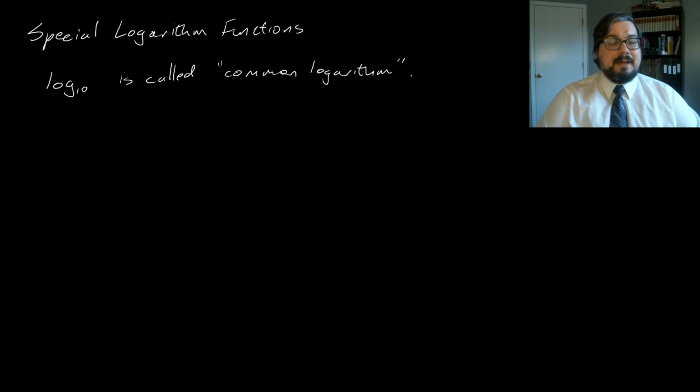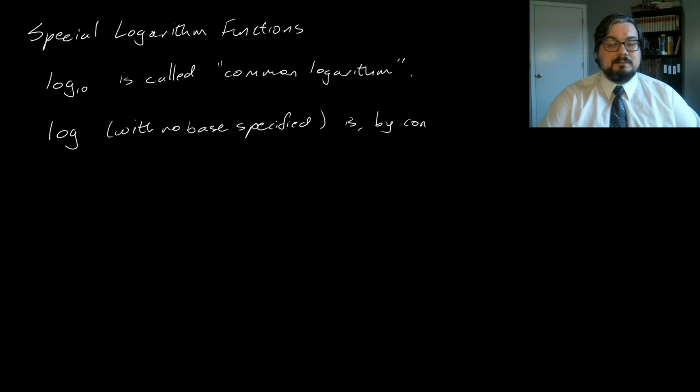And in fact, it's common enough that we have special notation for it. And the notation is simply dropping the base. So the log function by itself, with no base specified, is, by convention, logarithm base 10.